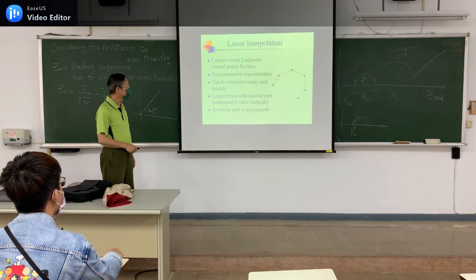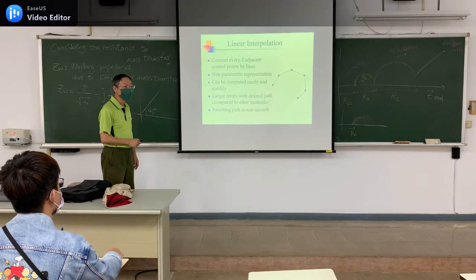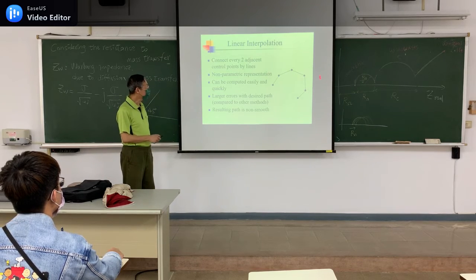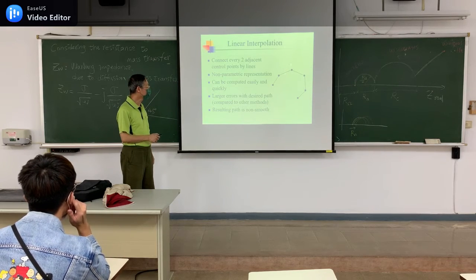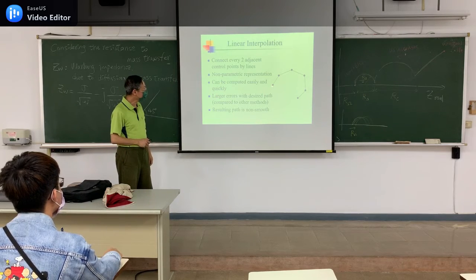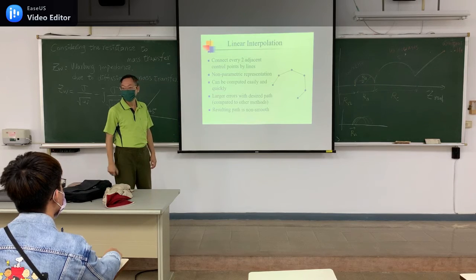In other words, you do not use a parameter to represent the linear case. You simply connect this point to that point. This is quite simple, very easy, and can be computed easily and quickly. As long as you are given these points, it's quite easy to connect these two points.